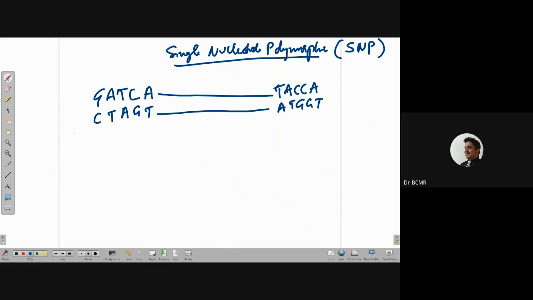This is the 5' end and this is the 3' end, and here the 3' end and this the 5' end.